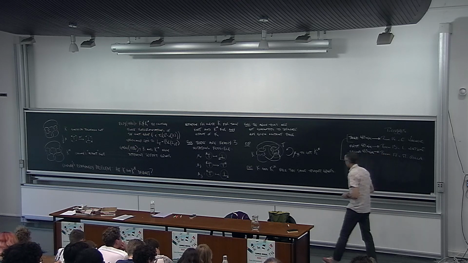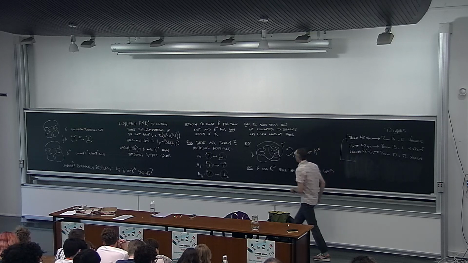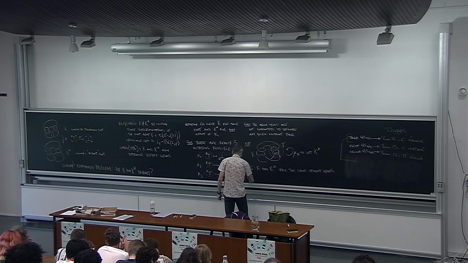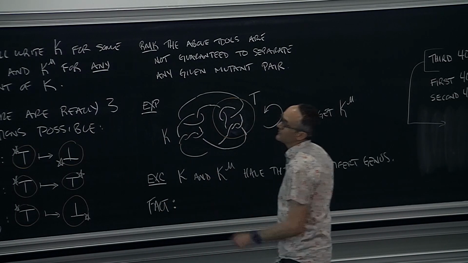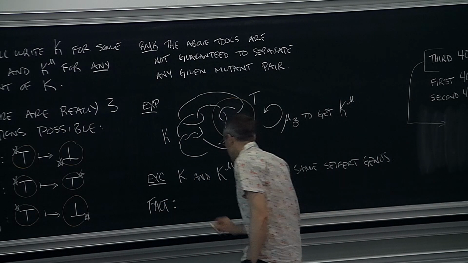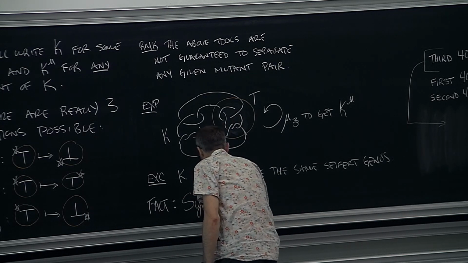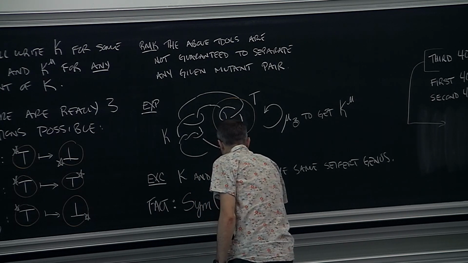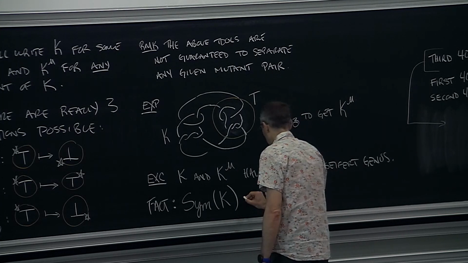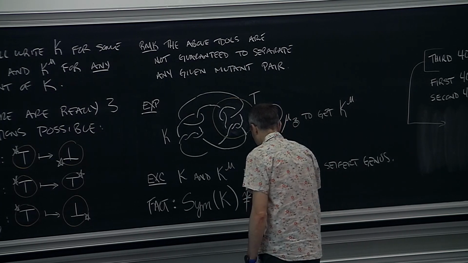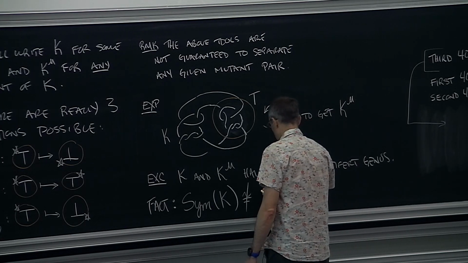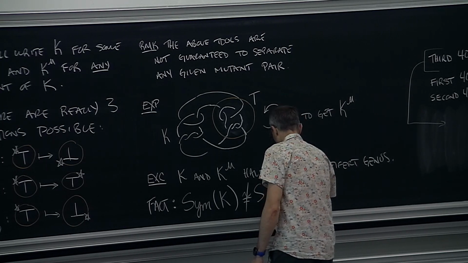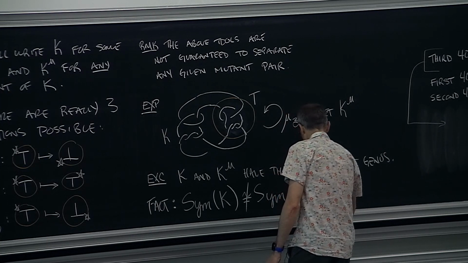Okay. Fun. But finally, the fact here, and this is not so different in spirit from Riley, is that if you're interested in symmetry groups, that is the mapping class group of the knot exterior, the symmetry group of K is not isomorphic to the symmetry group of K mu.